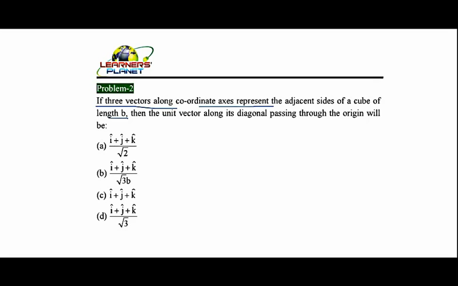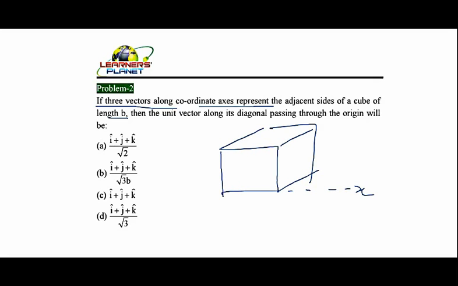Let us say this is the cube, this is the x-axis, this is the y-axis, and let us say this is the z-axis.